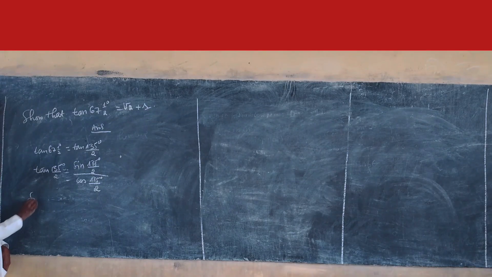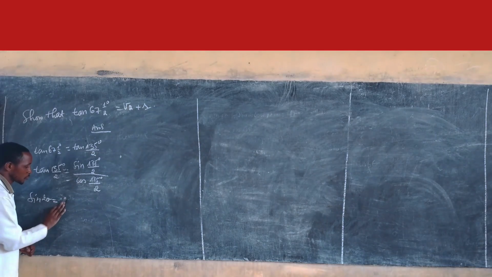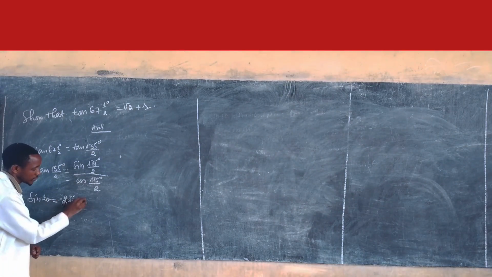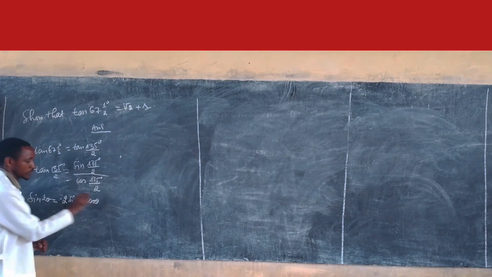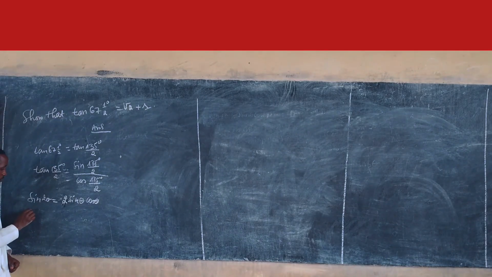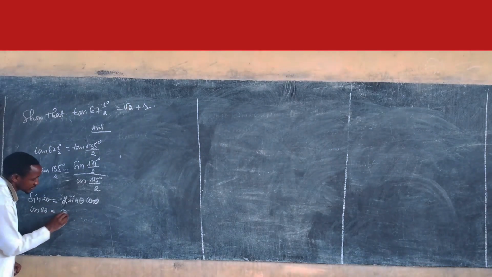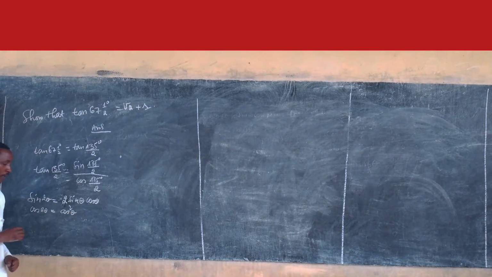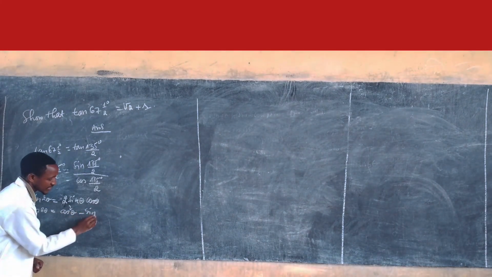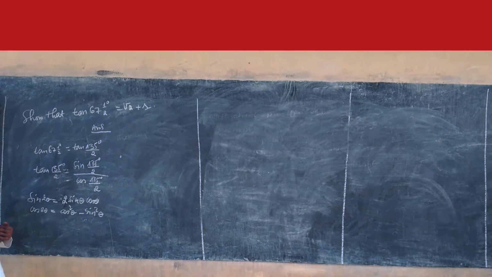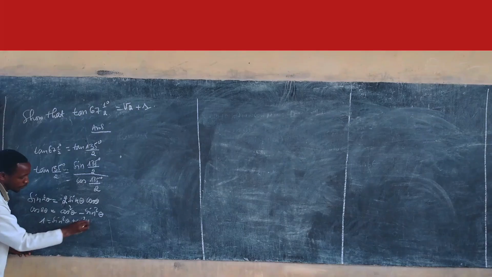that sine of 2 theta is equal to 2 sine of theta cosine of theta. Also, cosine of 2 theta is equal to cosine square of theta minus sine square of theta. Also, 1 is equal to sine square of theta plus cosine square of theta.